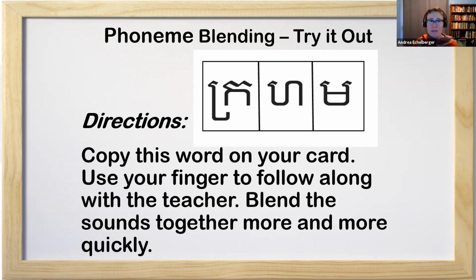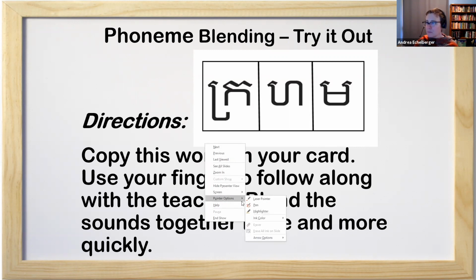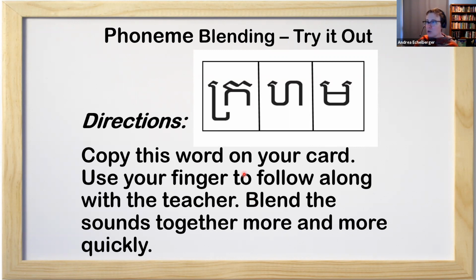One of the best activities for phoneme blending is to have people physically look and be able to touch. If you are teaching remotely, you can show things and demonstrate with a laser pointer. You can also have people write things down in their notebook.